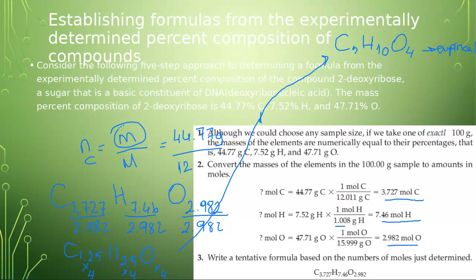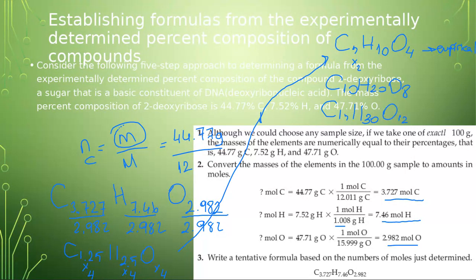The empirical formula suggests, for example, multiplying with 2: this is carbon 10, hydrogen 20, and oxygen 8. If we multiply with 3, this is carbon 15, hydrogen 30, and oxygen 12, and so on.